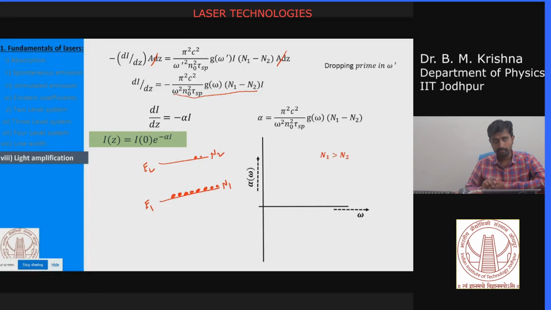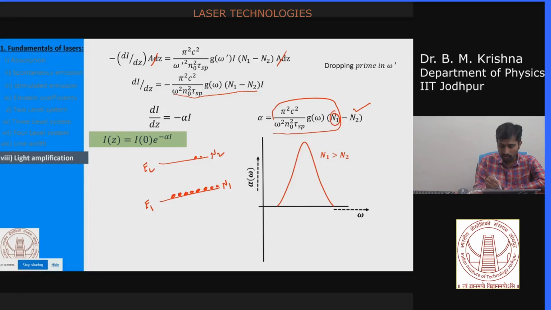That is the condition. What happens? Your alpha of omega has a peak like this function. So this is your alpha when N1 is greater than N2. As you see here, your N1 plays the dominant role, so you can neglect your N2. So this is the total equation for this curve.